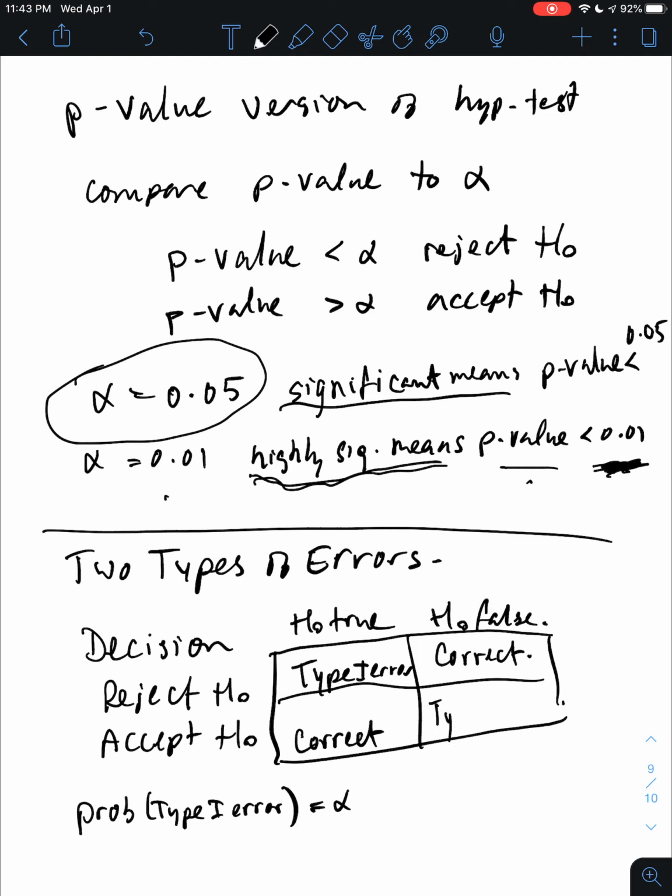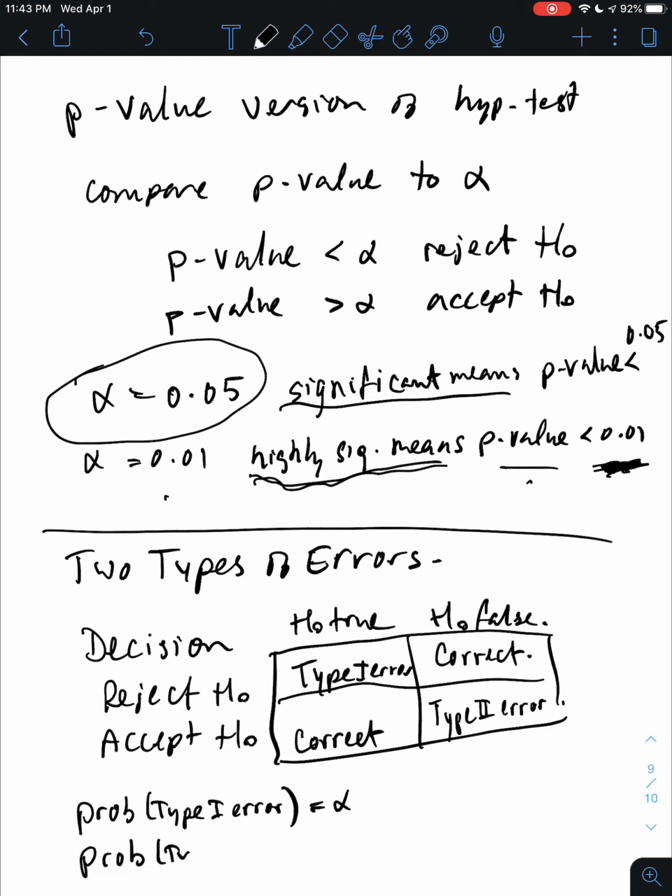Now, unfortunately, there's another kind of error that we could make. That's where we accept a false null hypothesis. And we haven't talked about that kind of error until now.